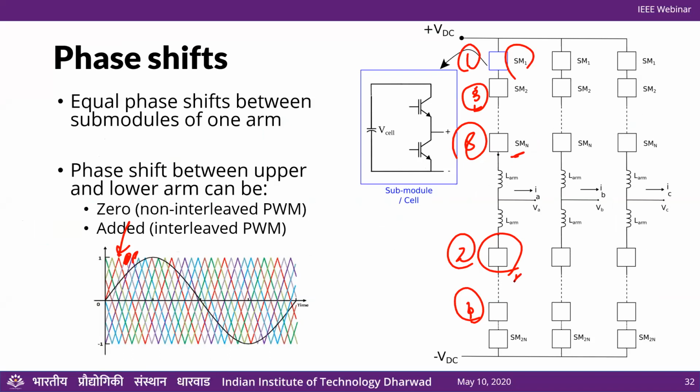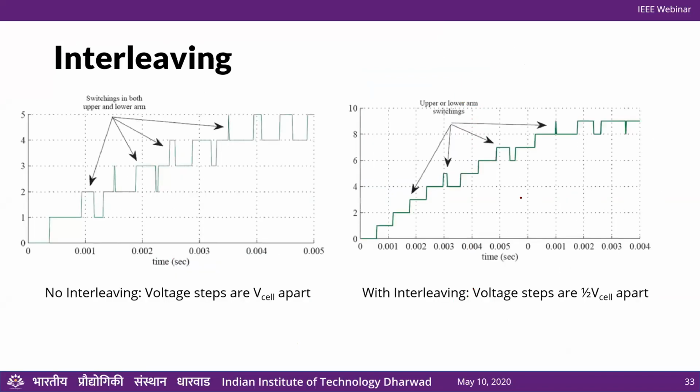As a result, the voltage at this node A will always experience a step, again, hand waving here that arm inductors don't have an effect, but the voltage at A will have a step equal to one module voltage, right? However, when there's interleaving, the step now becomes half of the cell voltage. So obviously, interleaving would be preferred.